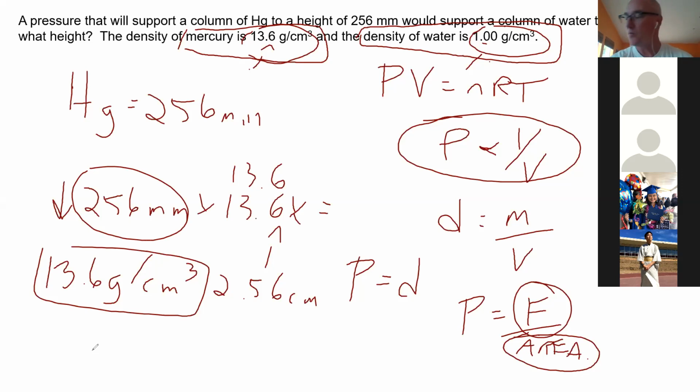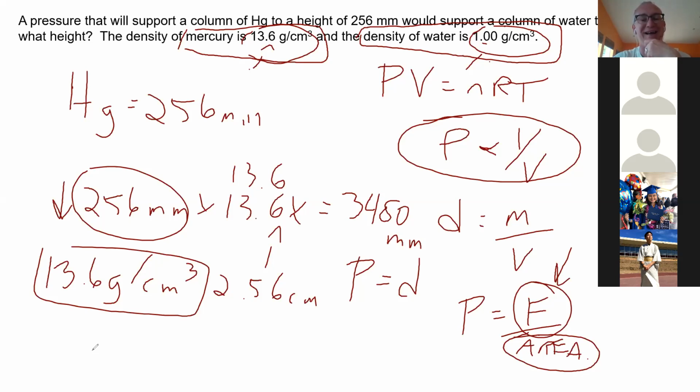So that same column of water would be 3,480 millimeters. It's basically the same mass. That force is exerting the same mass over that same area, and so you need a lot more water to equal the same amount of mercury.